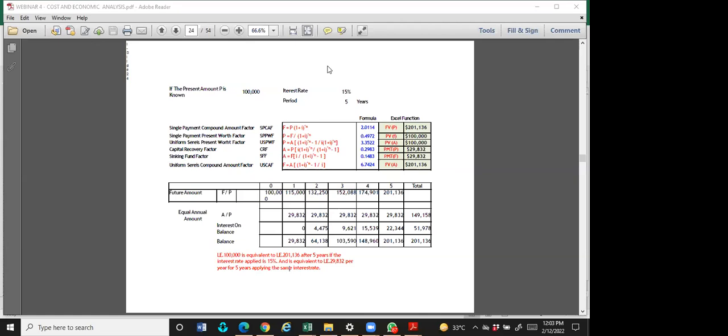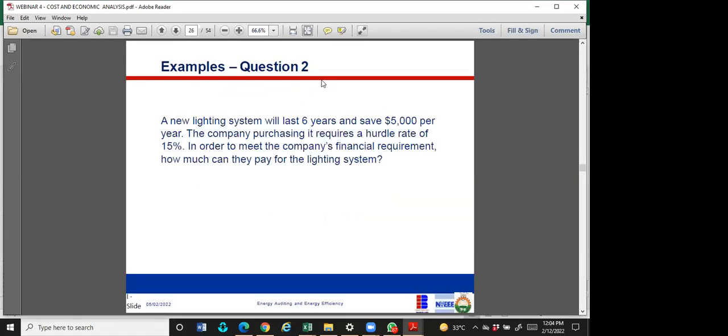So let me do everything mathematical about this course. This is the height of mathematics in this course. If you can grasp everything we have in this PowerPoint, then there's virtually nothing you can't do when it comes to mathematical economic analysis of power projects.